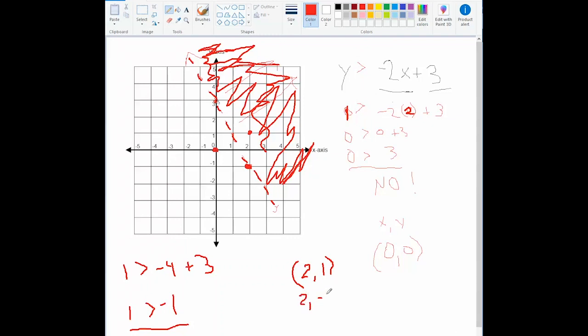Well, one more time, if we plug in 2, -1, the only thing that changes is this point over here is now negative. So the number is still +2, which means the right side's still going to end up equaling -1. But now we get a statement that says this.